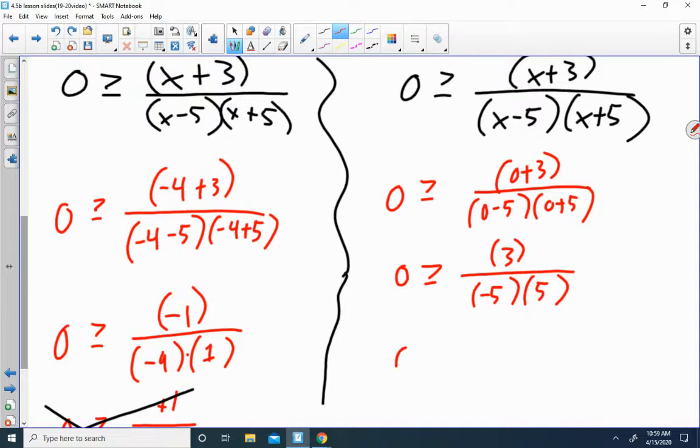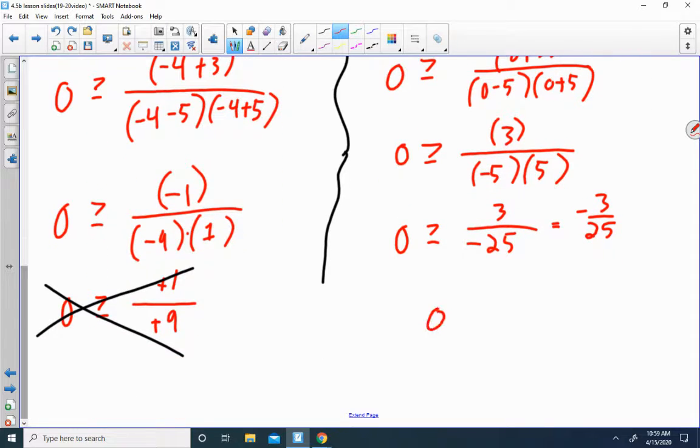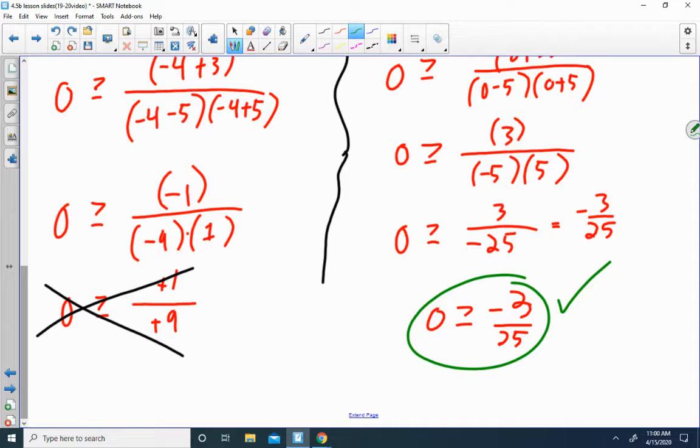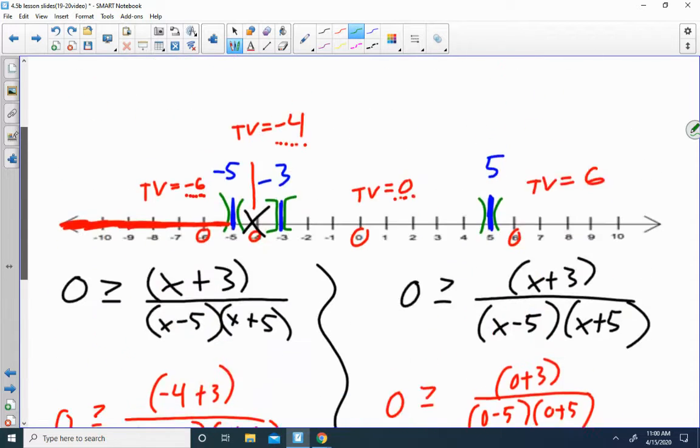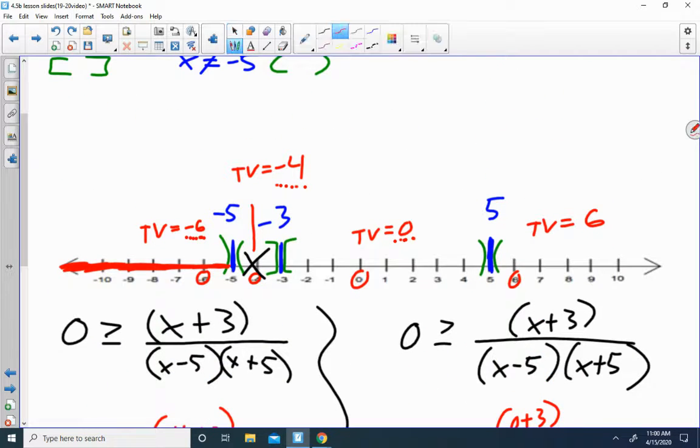And that simplifies to 0 greater than or equal to 3 all over -25, which is technically the same thing as -3 over 25ths. So, is 0 greater than or equal to -3 over 25? This would be a true statement because 0 is bigger than any negative. So that means we can shade in the third interval as part of our answer.